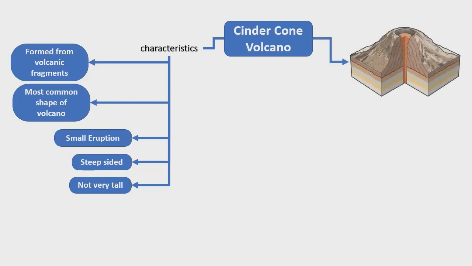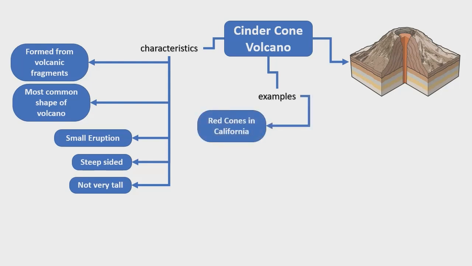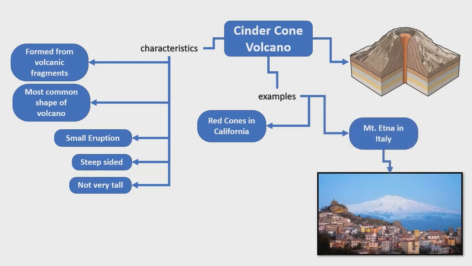And so this is the illustration of how a cinder cone volcano looks like. The examples of this type of volcano are the Red Cones in California and Mount Etna in Italy. So this is a cinder cone volcano.